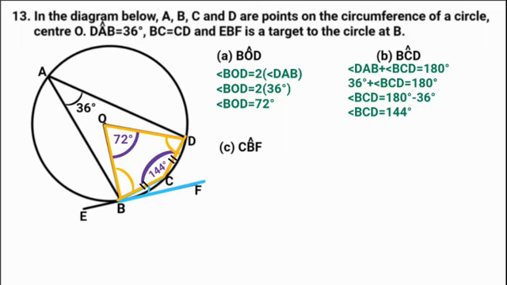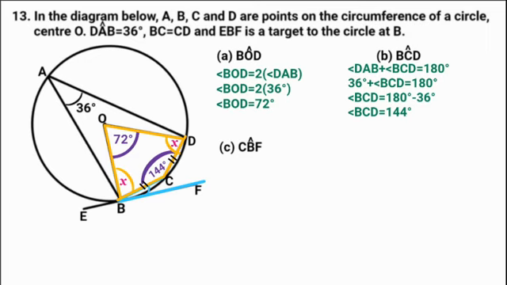Now these 2 lines are equal, which means the angles formed at D and B respectively are equal. So we can call this angle X and that one X. We should find the value of those 2 angles.